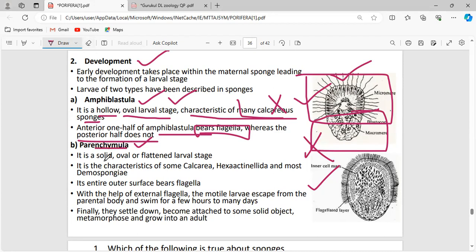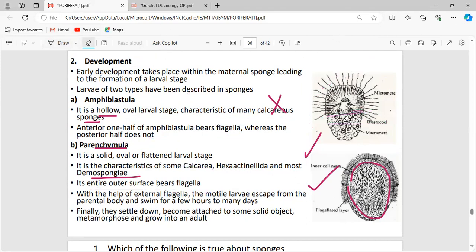The parenchymula is a solid, oval, and flattened larval stage. It is a characteristic of some Calcarea, Hexactinellida, and most Demospongiae. Its entire outer structure bears the flagella. This is the flagella layer. The entire surface has the flagella. This is the difference between the parenchymula and the amphiblastula.